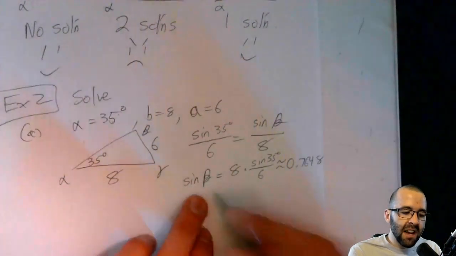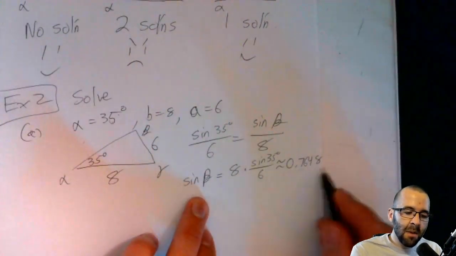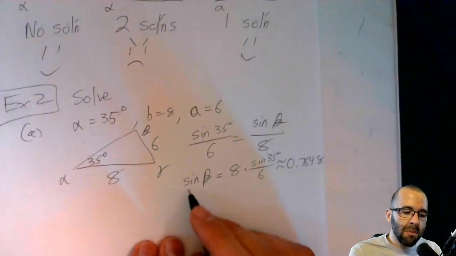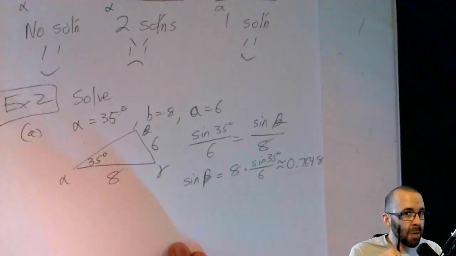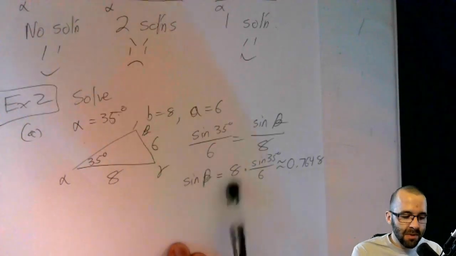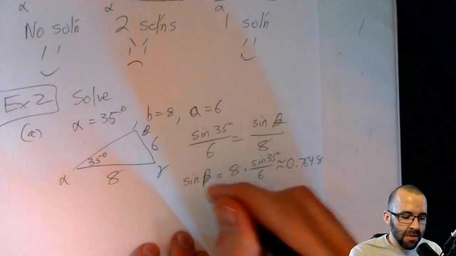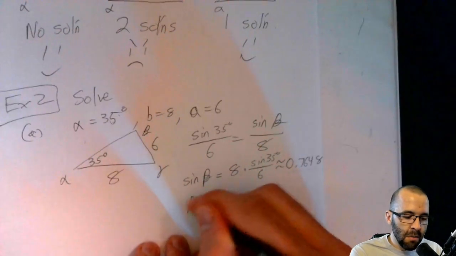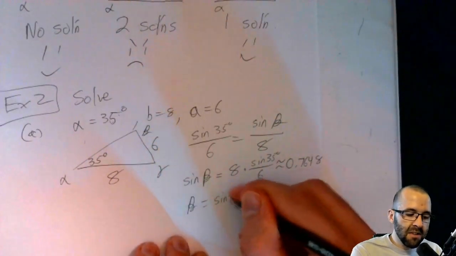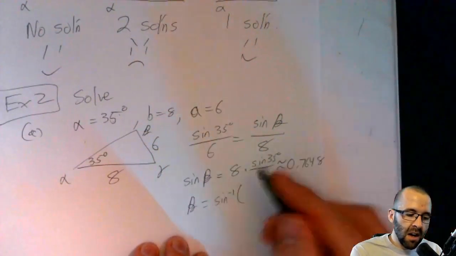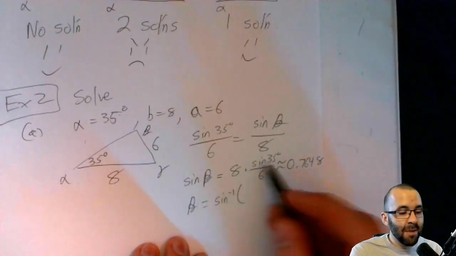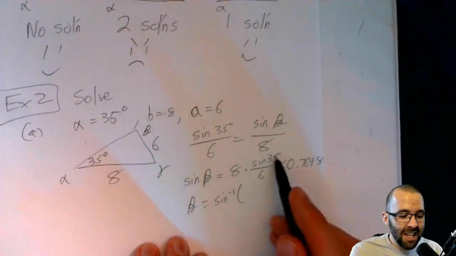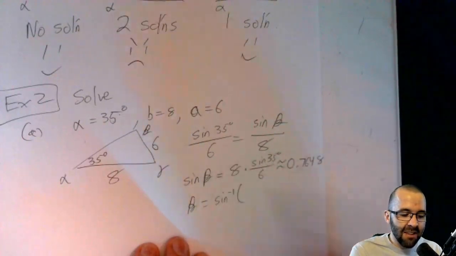So let's see what we've got here. Sine of beta is equal to this approximation. To find beta, we need to use the inverse sine. And remember, inverse sine only gives you one answer because we restrict the domain. There might be multiple. So beta is going to be equal to the inverse sine of all this. If you want the best approximation, you type this whole thing on the inside of the inverse sine.